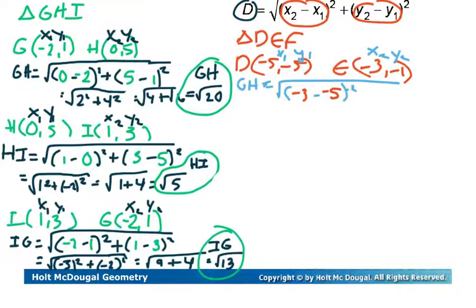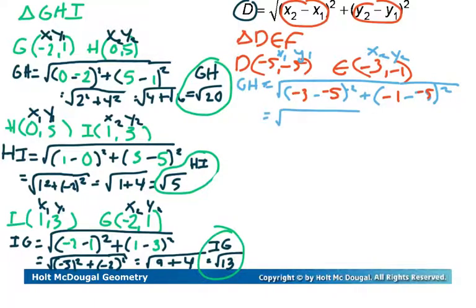That difference will be squared, and then we'll add the difference of y2, which is negative 1, minus y1, which is negative 5. And that difference will be squared.